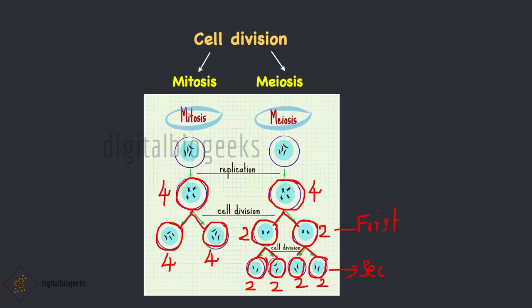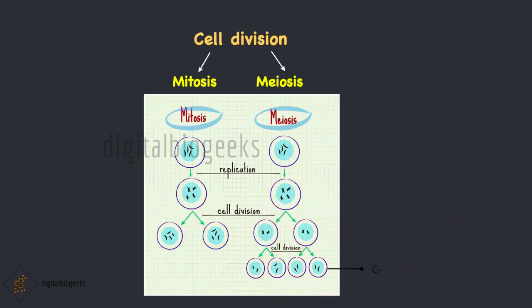In the first division, the number of chromosomes is reduced. But in the second division, the number of chromosomes stays the same. And these 4 daughter cells in the end are called the gametes. And these gametes from both individuals join to form a new offspring.